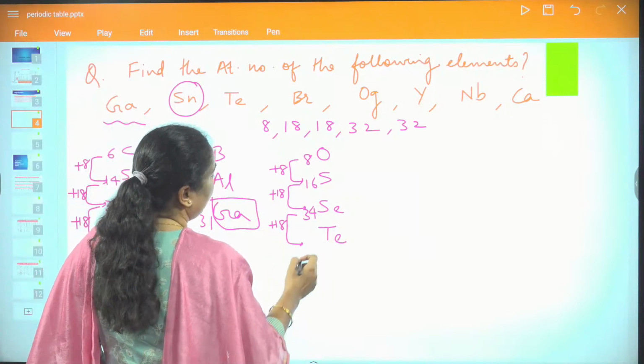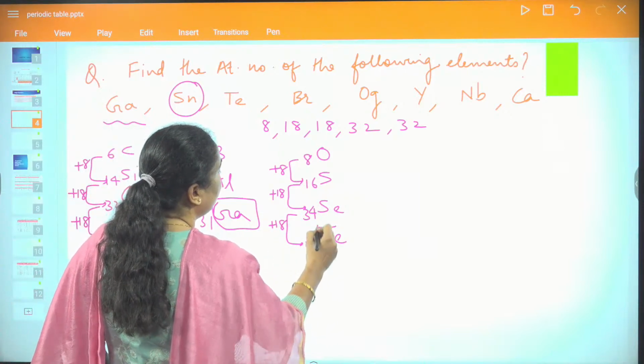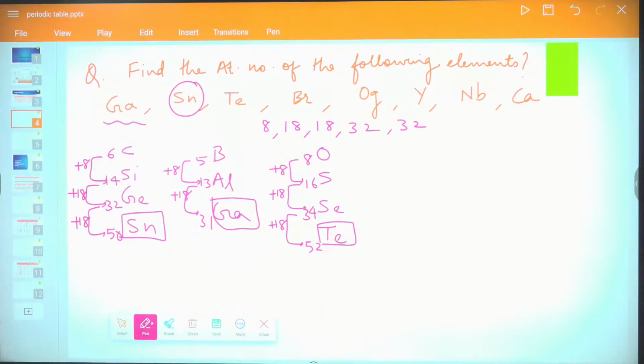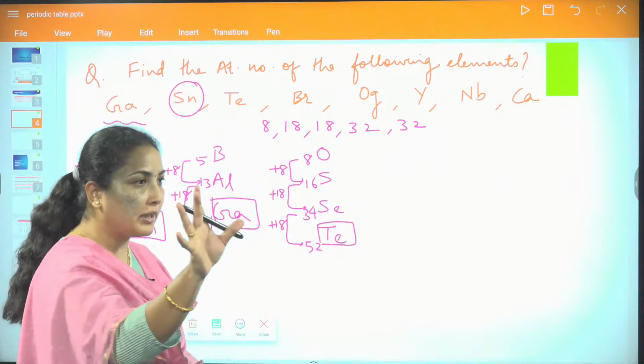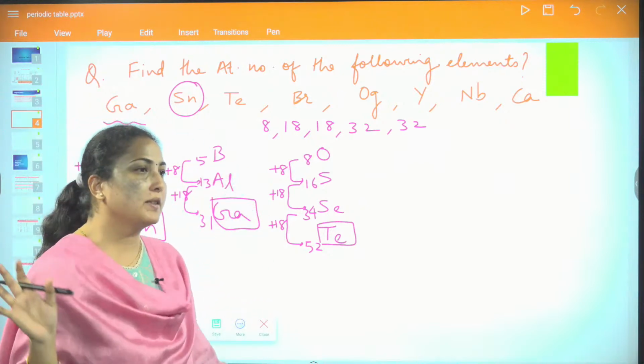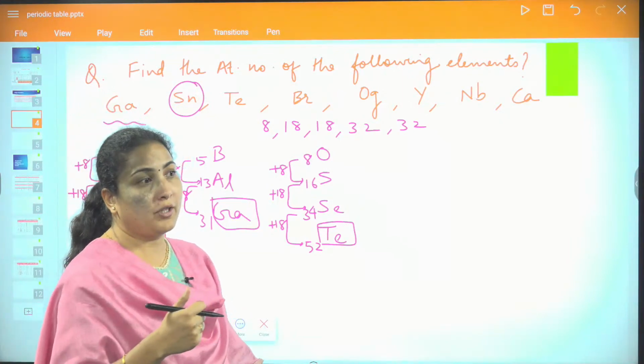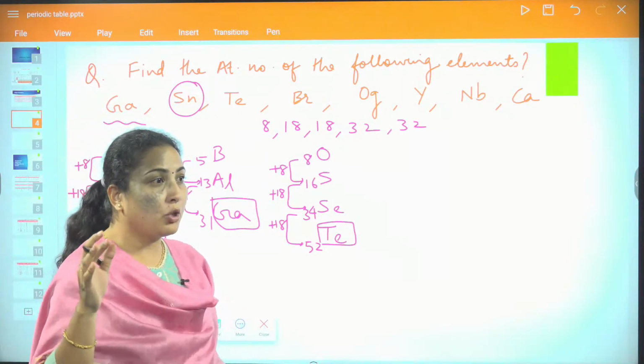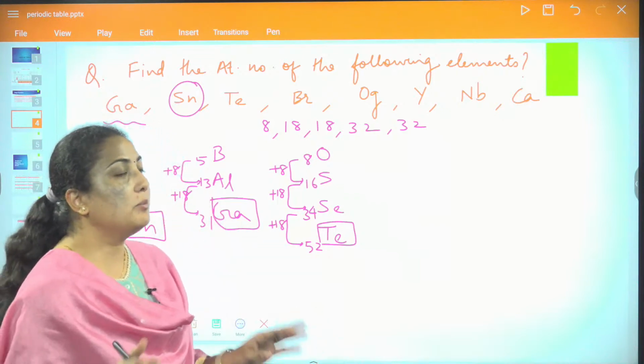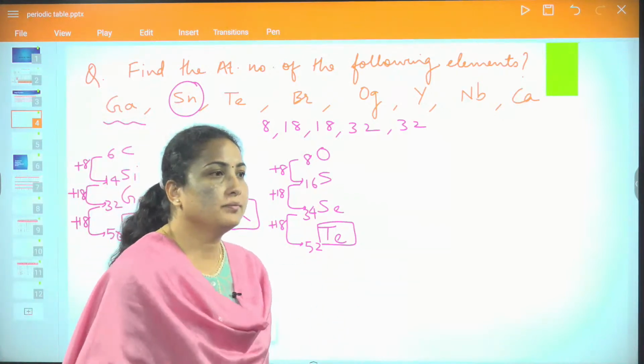Again 18. So what I'll be having here? 52. So did you get tellurium as 52? 52 is the atomic number. So if at all the question comes, the atomic number of tellurium is, so will you be able to now find it out? You won't be searching for periodic table, or else you won't be writing the entire periodic table. Magic numbers will help you sort out that. Okay?